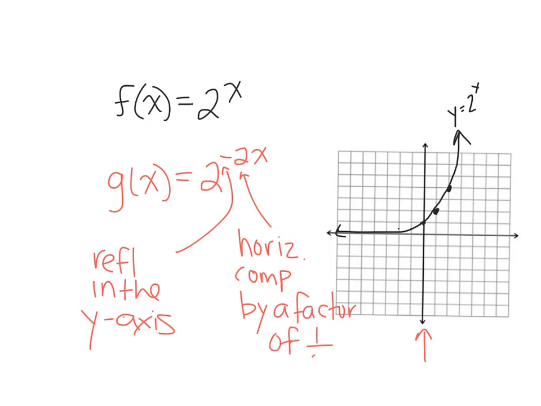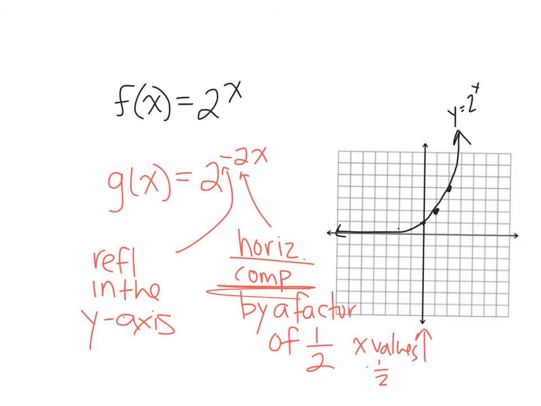So by a factor of 1/2, and it's a horizontal compression. Horizontal meaning x, so all of my x values are getting multiplied by 1/2. This is telling me all of my x values are getting multiplied. Let's write that a different way: multiplied by 1/2.